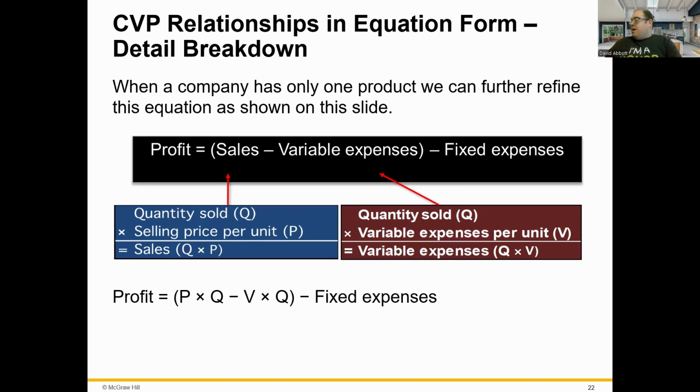So when a company only has one product, we can further refine this equation as shown. You can take P, the selling price, multiplied by Q, the quantity sold, and then subtract the variable expense per unit, which is V, times the quantity sold, minus the fixed expenses.